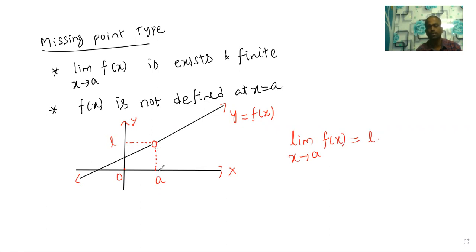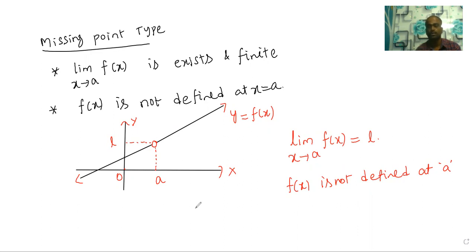There is no graph of f of x at a. That means the function is not defined at a. Thus we can conclude that f of x has missing point type discontinuity at a.